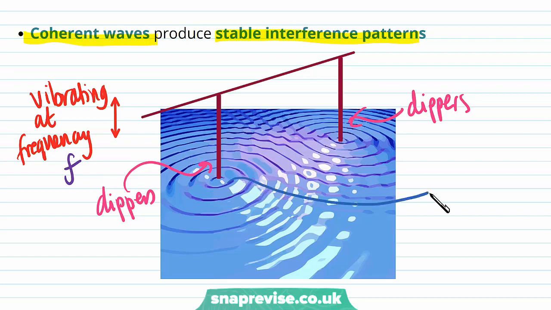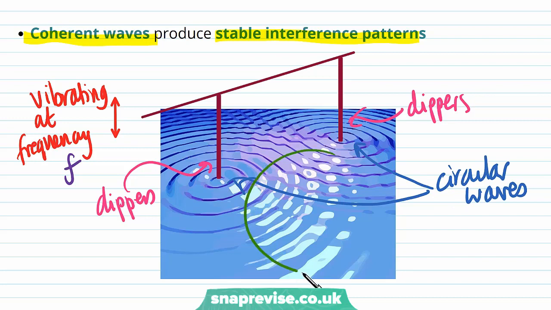We can see that the water dippers produce circular waves. And we can see at this point here, where the circular waves overlap, we get a stable interference pattern of the waves on the surface.